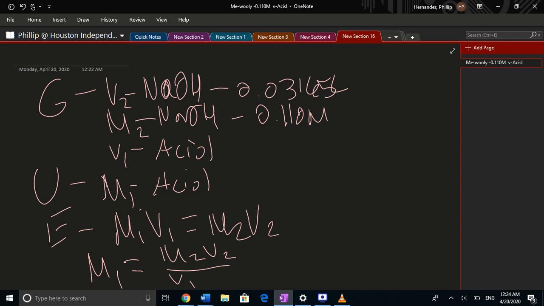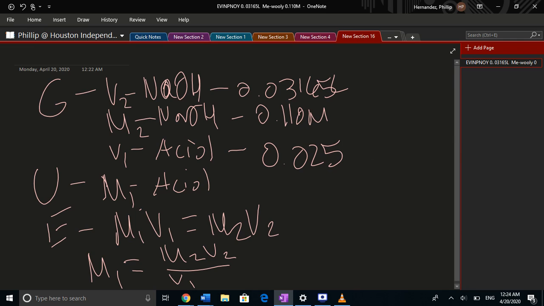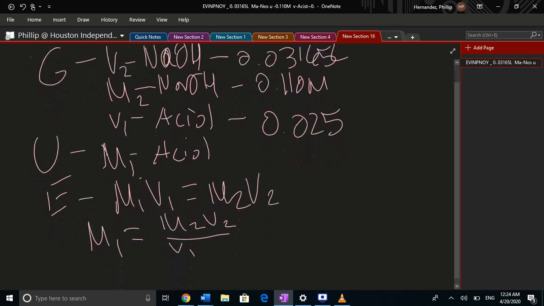Volume should always be in liters when you do your calculations unless given otherwise. And we know the volume of our acid, sorry, is 25 milliliters, or 0.025 liters.